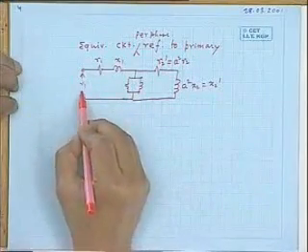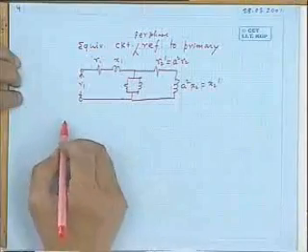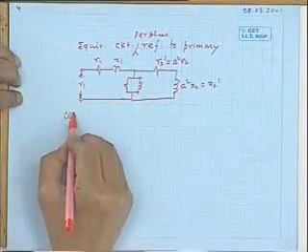Okay, while this is true at standstill condition, whether this will be true also at some speed, when the machine is running with some slip or with some finite NR, that is what we will examine now.